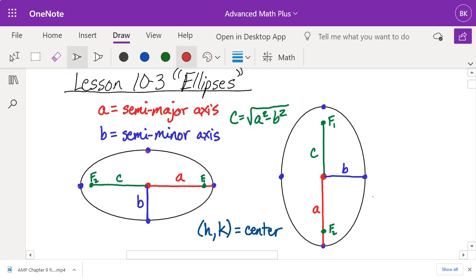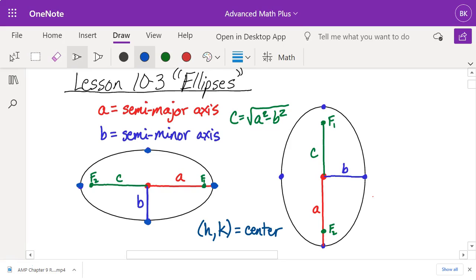Everybody agree? The longer one is called the major axis. The shorter one is called the minor axis.